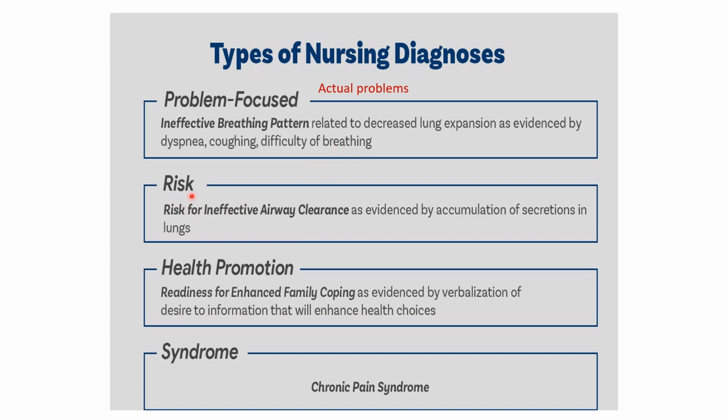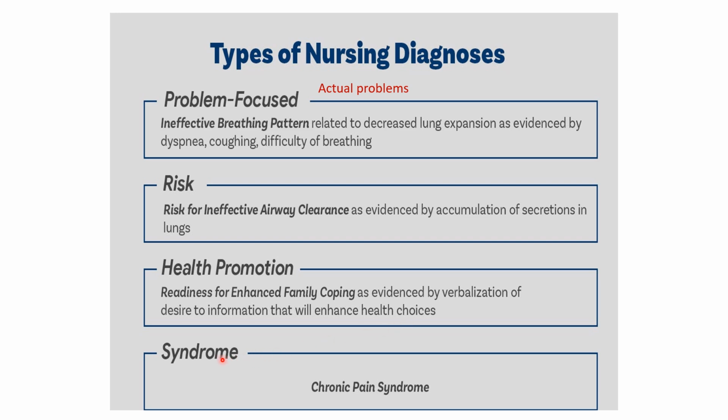Risk diagnosis, an example: risk for ineffective airway clearance as evidenced by accumulation of secretions in the lungs. Nursing diagnosis for health promotion can be readiness for enhanced family coping as evidenced by verbalization of desire for information that will enhance health choices.